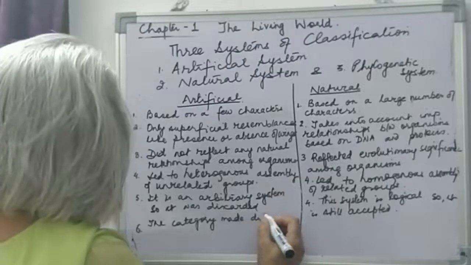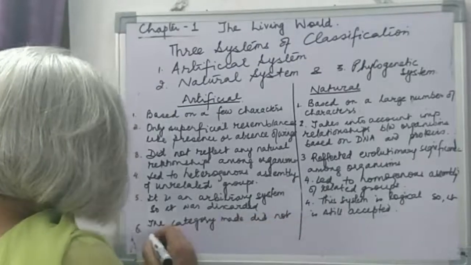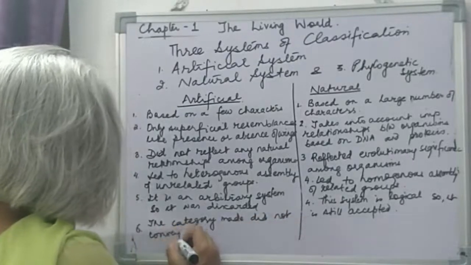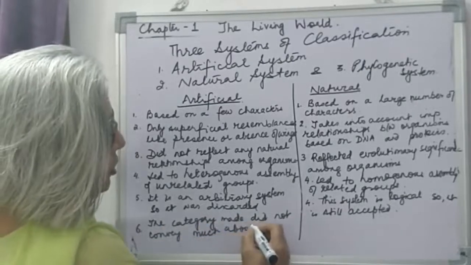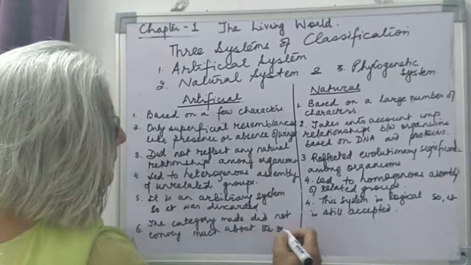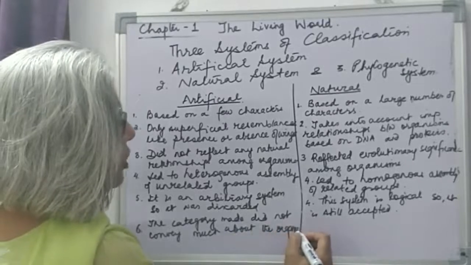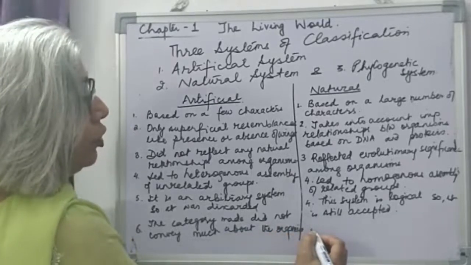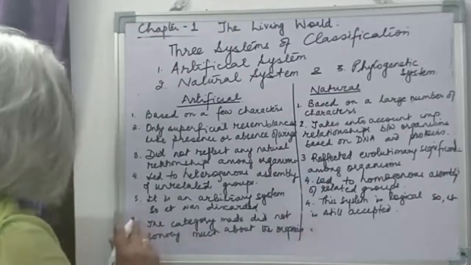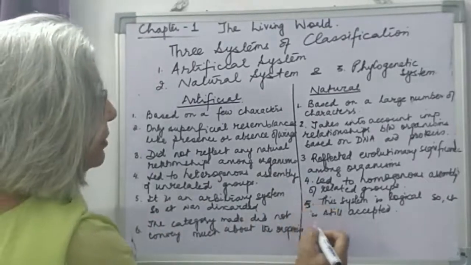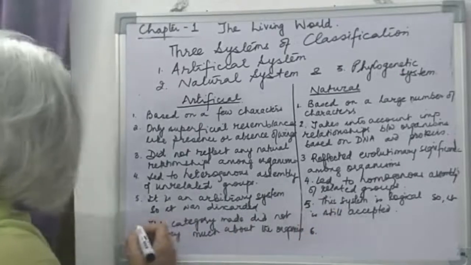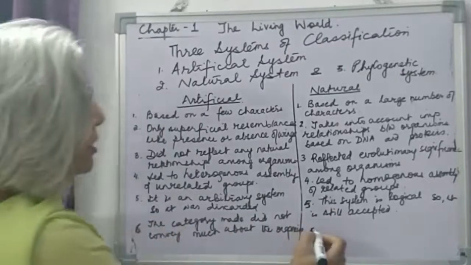Now, in the artificial system, the categories that were made did not convey much about the organisms, because there was no proper logical order in which this was done. Made a mistake in the numbering, so this was the 6th point.